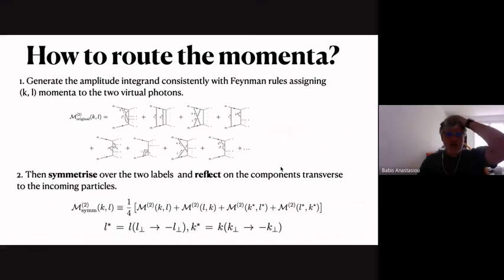what we are doing. We take the diagrams, and we call one momentum L and the other K. And then you can say, well, why would you do that? Well, what we do at the end is we symmetrize over these two labels. So we take the amplitude and we exchange L and K. This is the copy I was discussing before. And then we do something more.